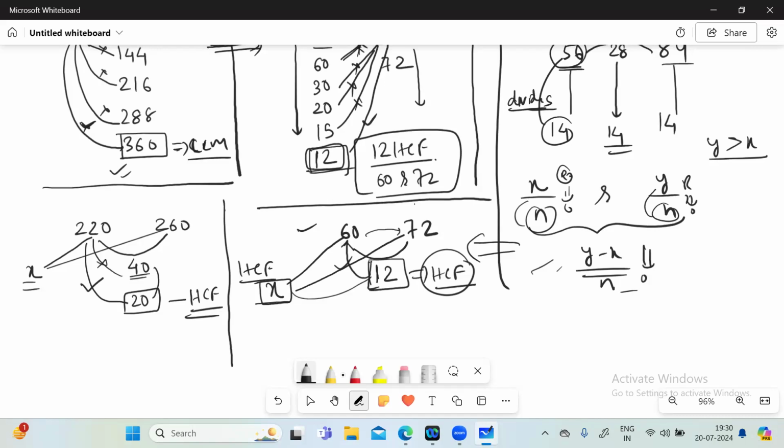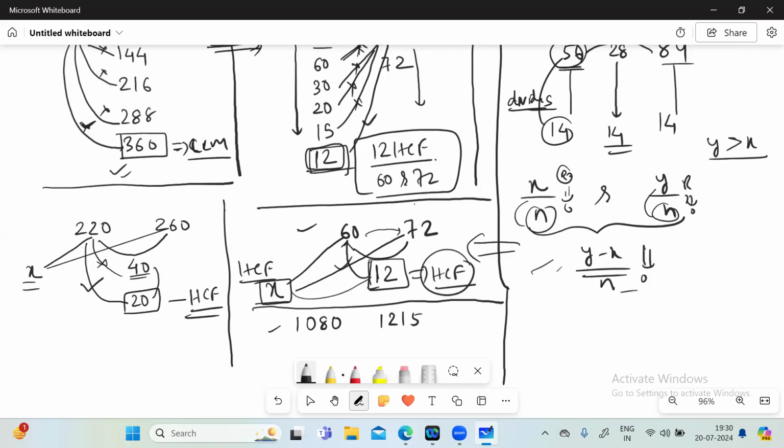Like, let me give you another example where you will find it becomes very easy to calculate HCF. Let's say there is a number 1080, and there is a number 1215.